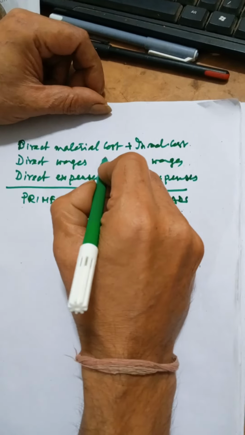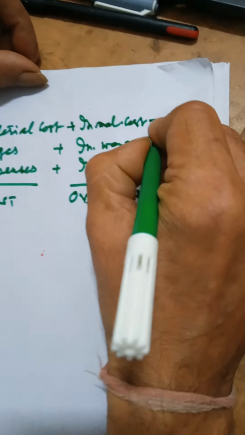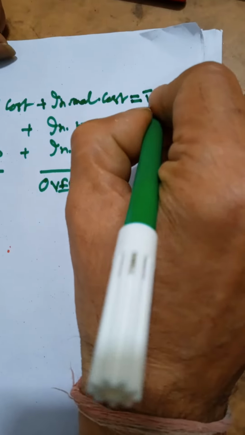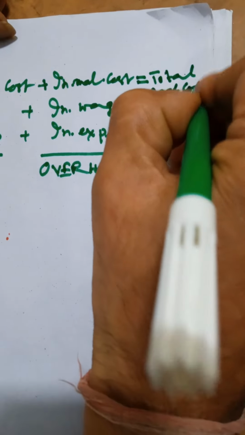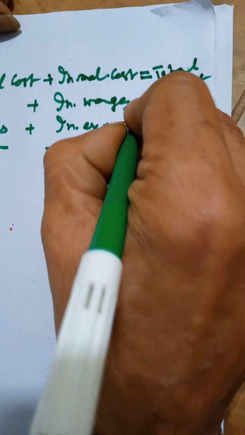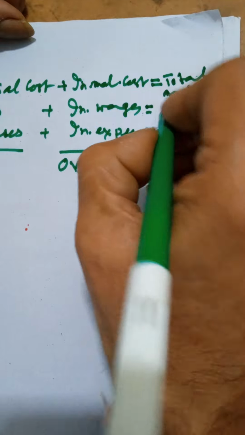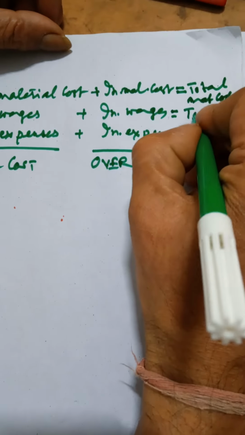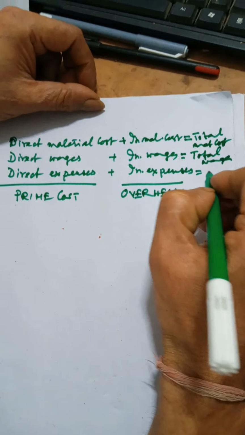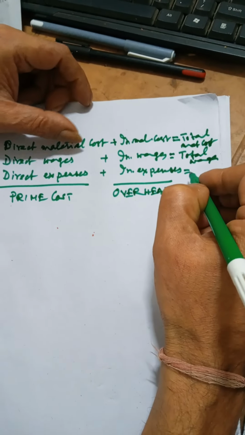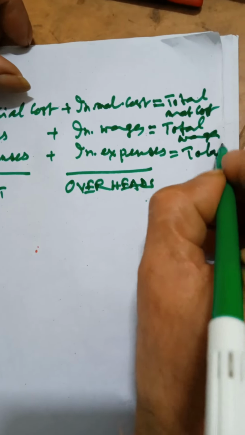Now, direct material cost plus indirect material cost gives us total material cost. Similarly, direct wages and indirect wages give us total wages. And finally, sum of direct expenses and indirect expenses is called total expenses.